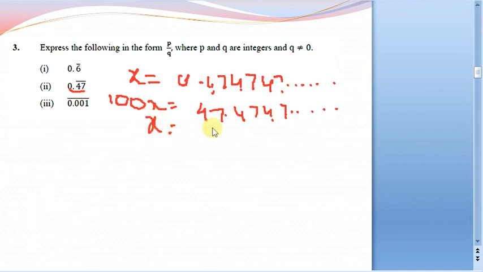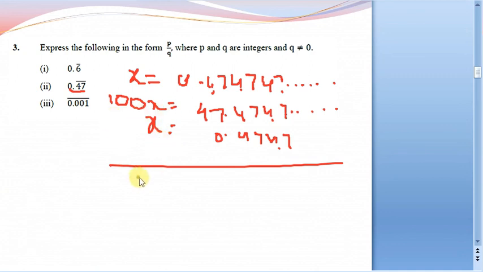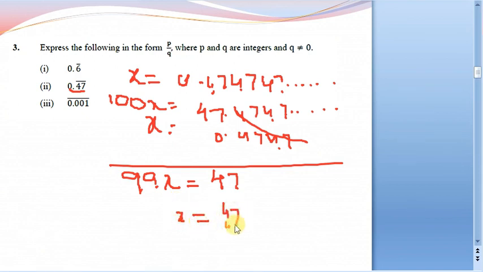We have x equal to 0.4747 and so on. From 100x we subtract 1x and are left with 99x, and this side is 47 minus 0, which is 47, and the remaining part gets cancelled. Then x is equal to 47 by 99. So that is the answer for the second one.